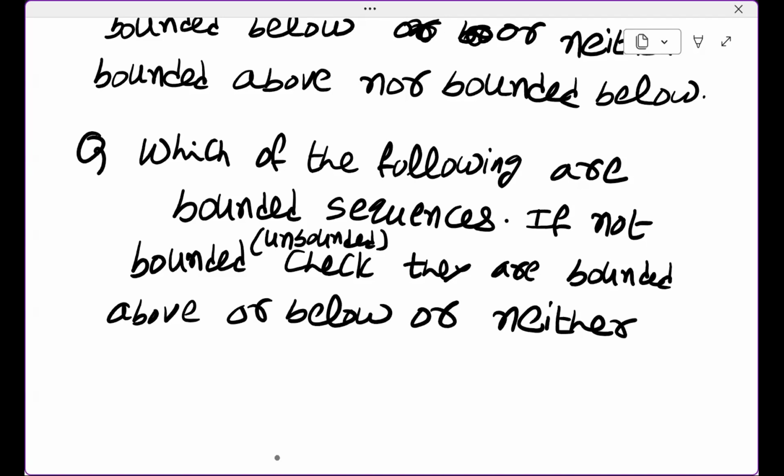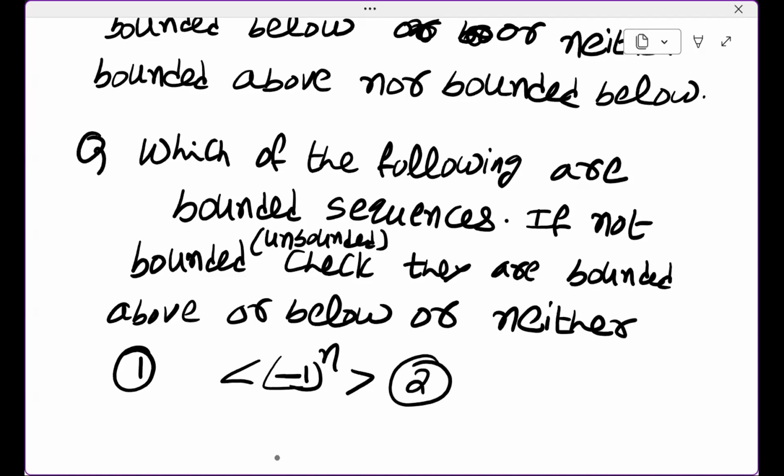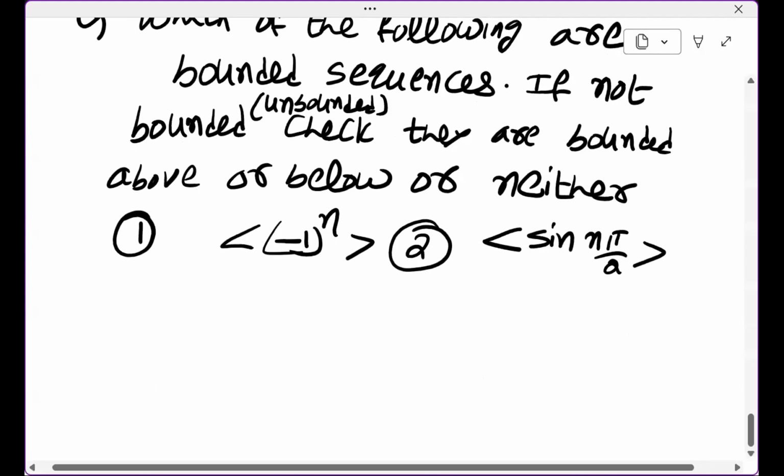So now not bounded above is also unbounded, not bounded below is also unbounded, both not existing is also unbounded. So let us take an example first. (-1)^n. Second... try to say it directly in the chat box, try at least.